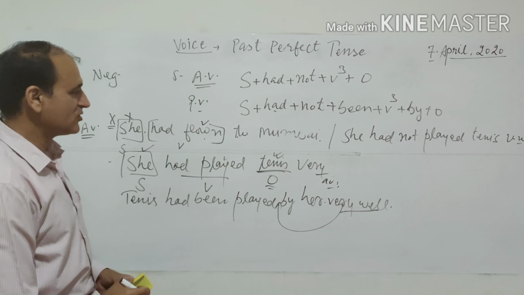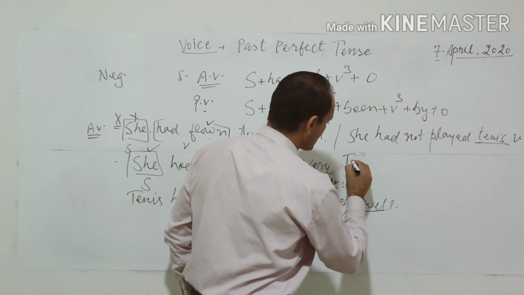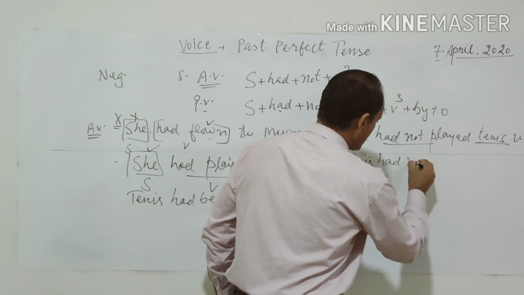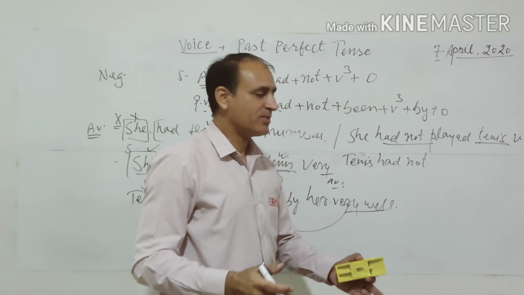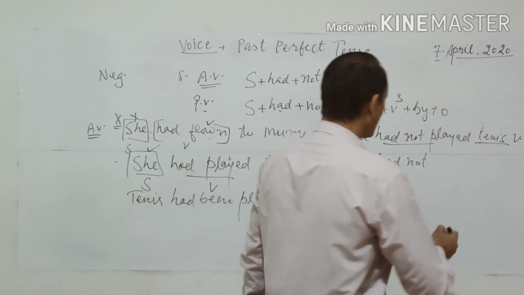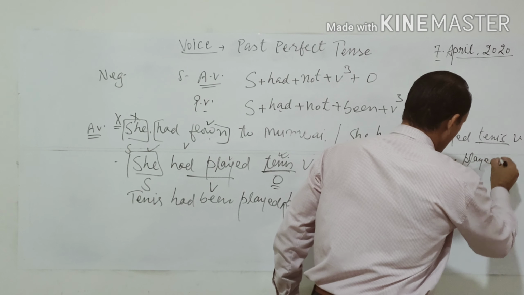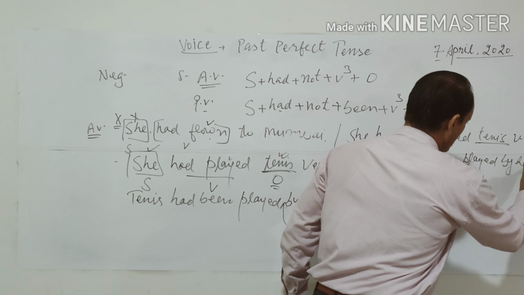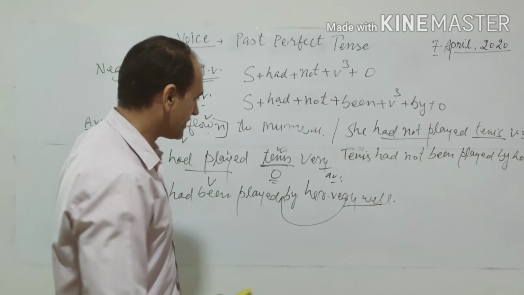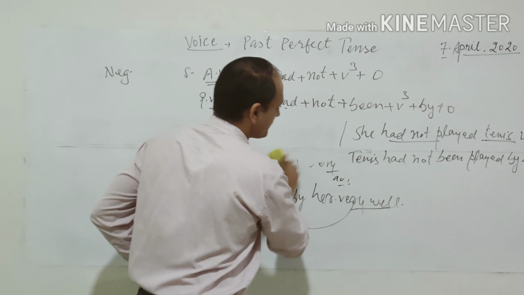Now when we change this into passive form, it becomes tennis. Let's bring it into the place of subject. Tennis had not, and as we know, in passive voice between the helping verb and main verb we use the be form of the verb, which becomes been over here. Been played by her very well, or played very well by her, any way you like. So this was the negative structure, active as well as passive form.